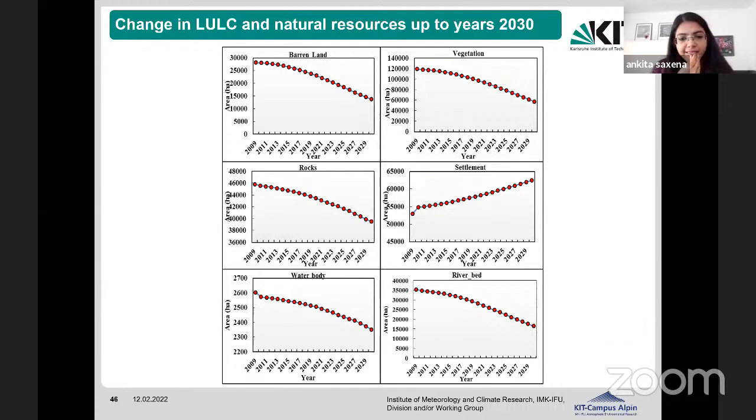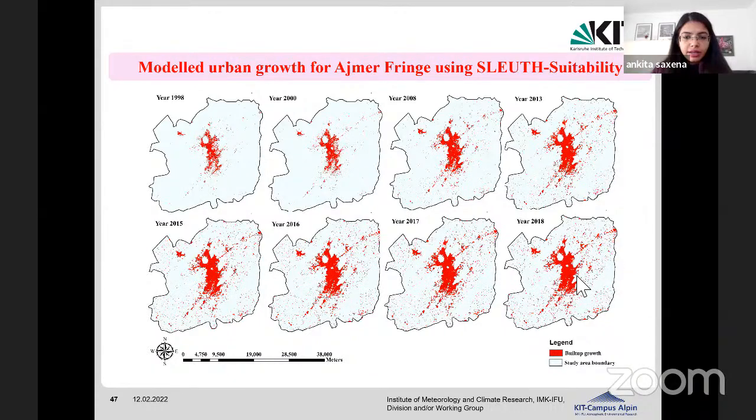And this is the urban growth. Red is showing urban growth, and from 1998 to 2018, how it has expanded. It's also showing you the directions, spatial information also, where and in what amount the urban growth will take place.